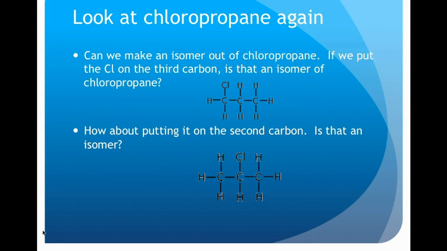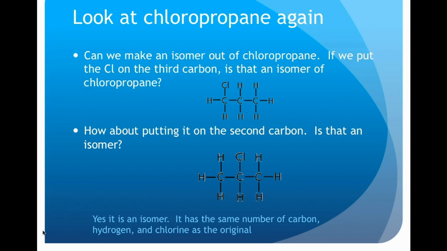If we put a chloro on the third carbon, is that an isomer of chloropropane? No, it's only the chloropropane molecule looking at it from the other direction. How about putting it on the second carbon? Is that an isomer? Yes, it's an isomer. It has the same number of carbon, hydrogen, and chlorine as the original, but they're just in different places.